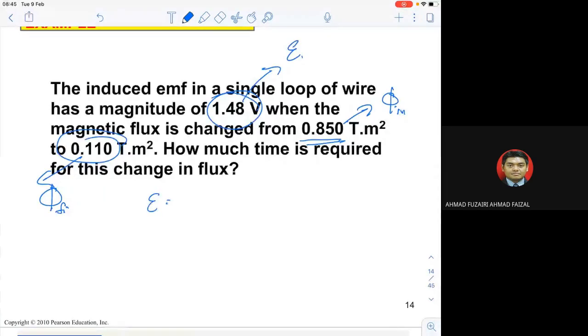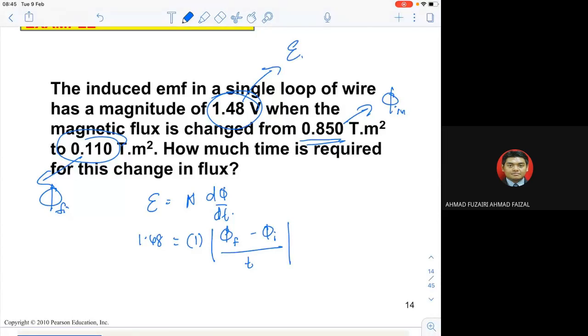So you can see EMF is equivalent to N delta flux over delta time. A single loop means N is one, doesn't matter. So what is delta flux? This one is 1.48 volts. Remember delta phi is final minus initial, over time.